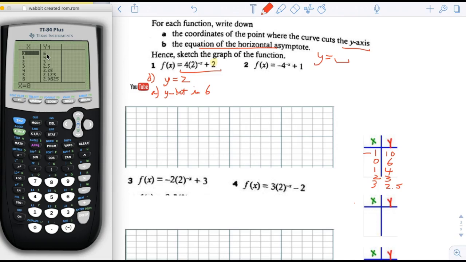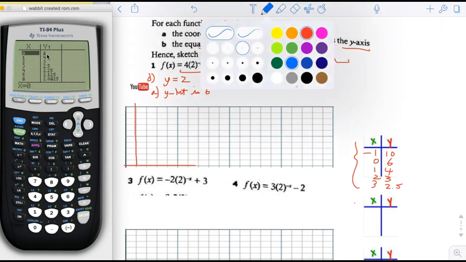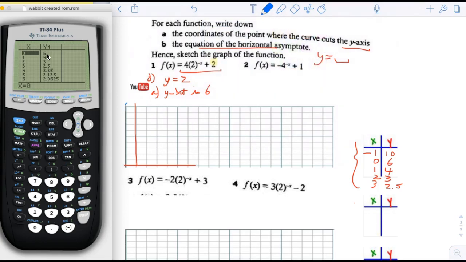Now let's do our graph. We're supposed to sketch the graph. Do you see how all these y coordinates are positive? Oops, I can do a better job of that. Ooh, that's really straight, isn't it? Okay, so negative 1 comma 10, 0 comma 6, 1 comma 4, 2 comma 3, and 3 comma 2.5.